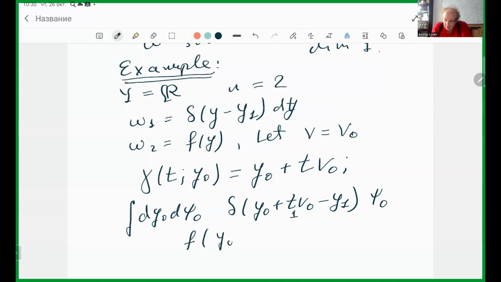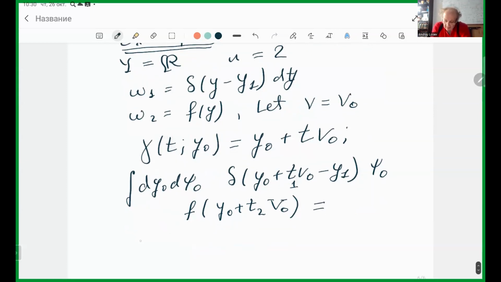And here I put this thing at moment t2. And I integrate. The result is pretty obvious.